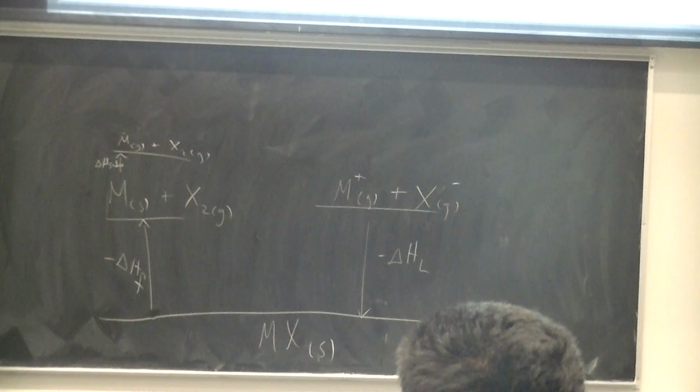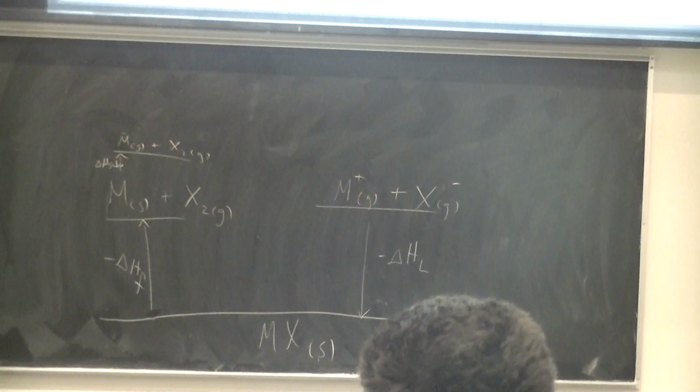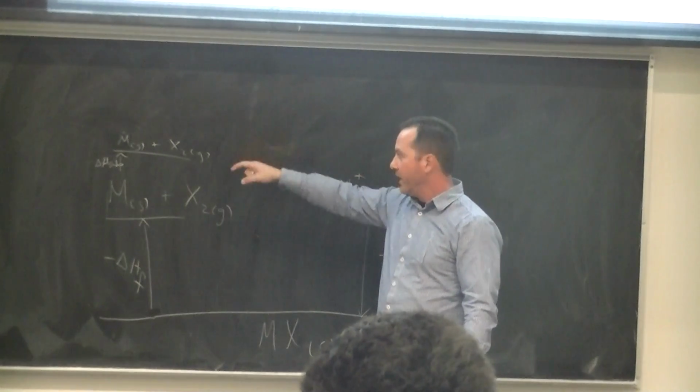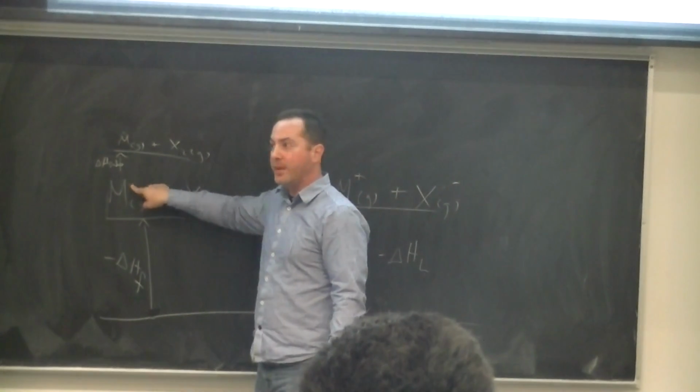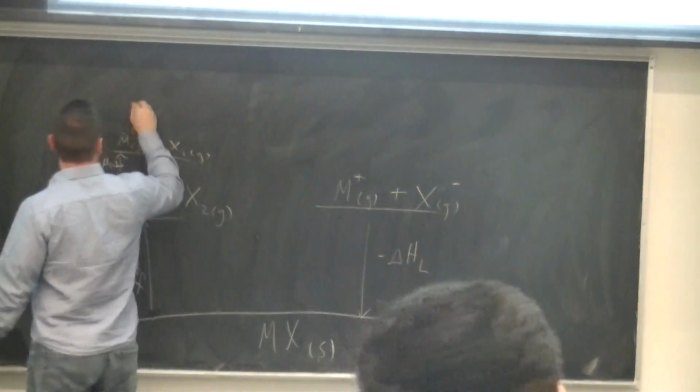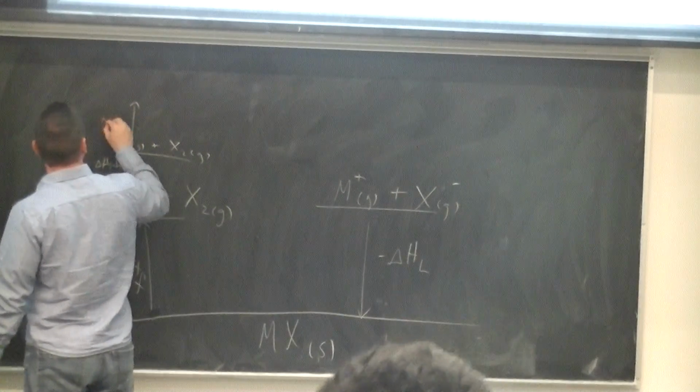Sublimation, right? What else do I need to do with that M? I need to convert it to the cationic form. So how do I do that? Since we're assuming that this X is just -1, the charge of the M must be +1, so that's the way that it's here. So we're going to use the first ionization energy.